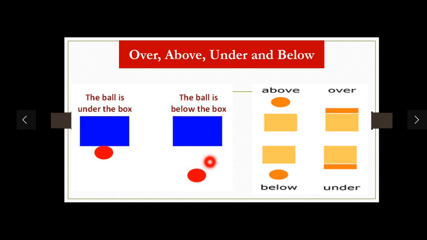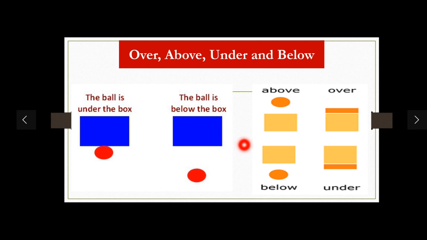So you can see there is a lot of space between the box and the ball. So we use below when one thing is at a lower position than something else and there is space. So below is used when there is space between one thing and another thing. And we use under when there is no space between one thing and another thing at a lower position.